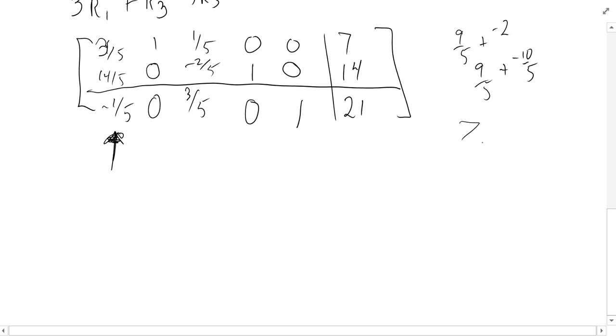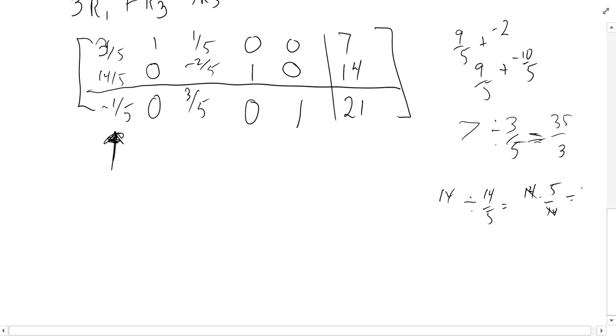If you take 7 and you divide it by 3/5, you end up with 35 over 3. You got to flip over that fraction and multiply when you divide. And then if I take 14 and I divide it by 14/5, I'm going to get 14 times 5 over 14.